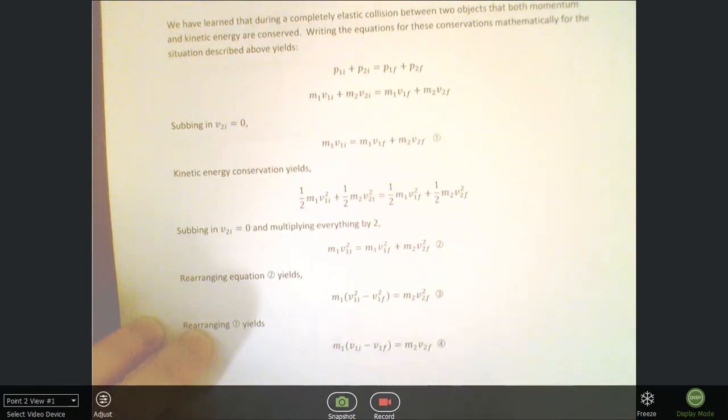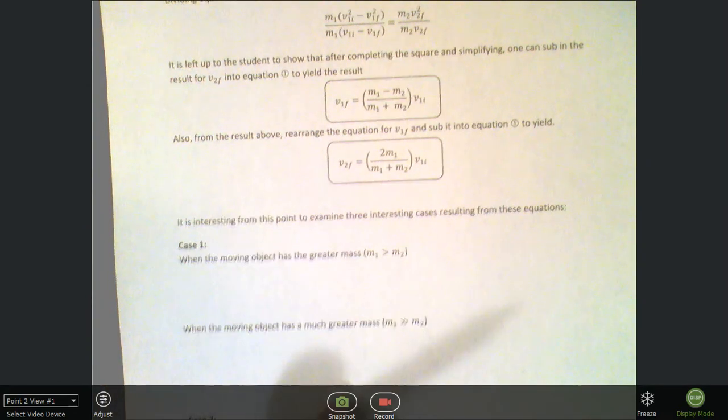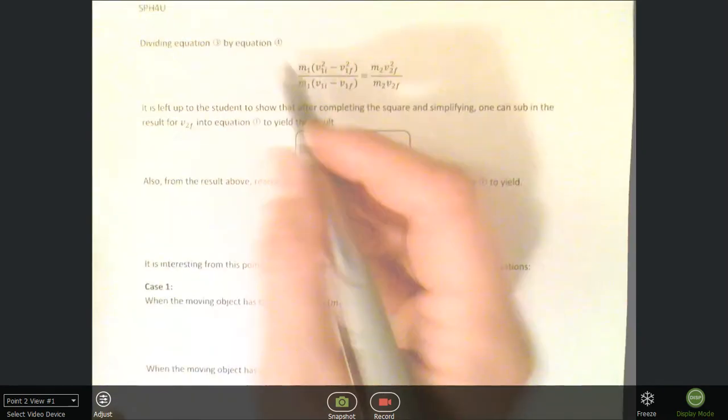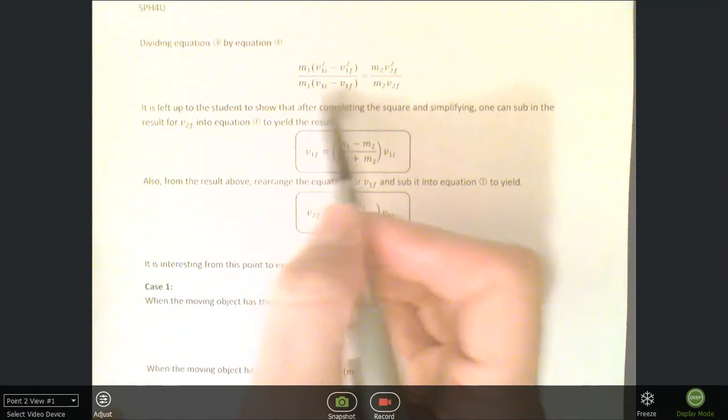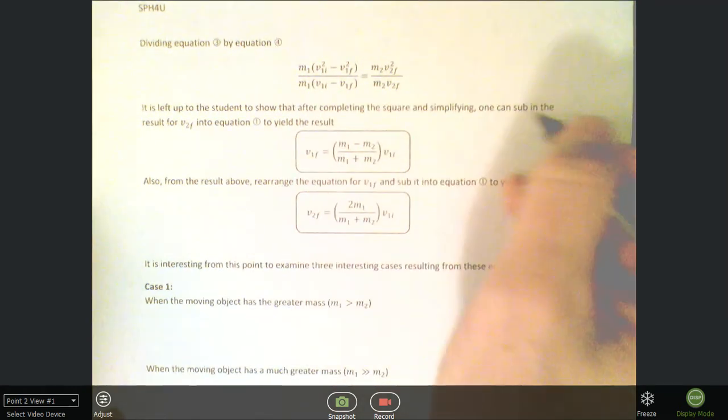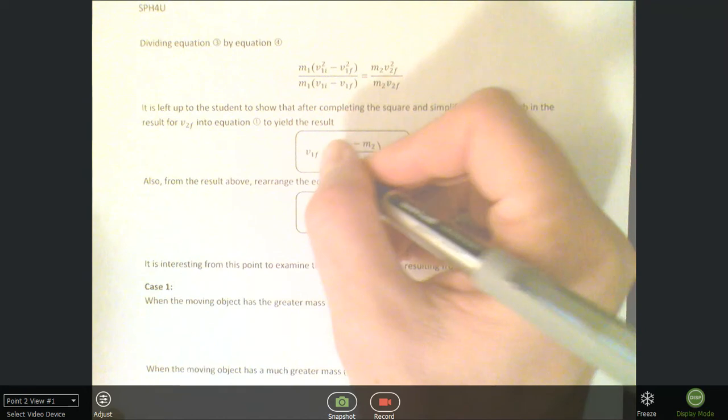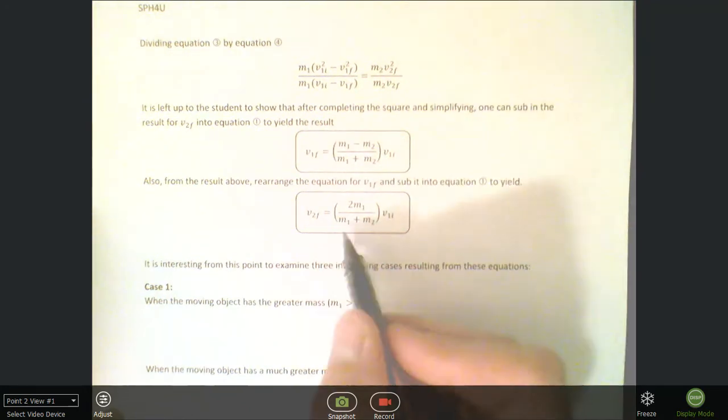You can look at it if you're really interested to see how it worked, but for now, we just want to save some time and go through it quickly. And then you can divide equation 3 by equation 4, like so. A bunch of the terms divide out, and after a whole bunch of completing the square and simplifying, we get this equation, and we get this equation.